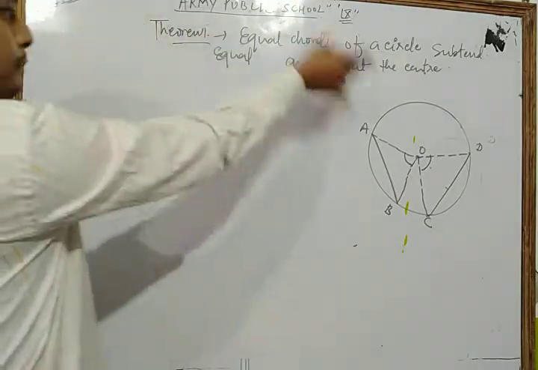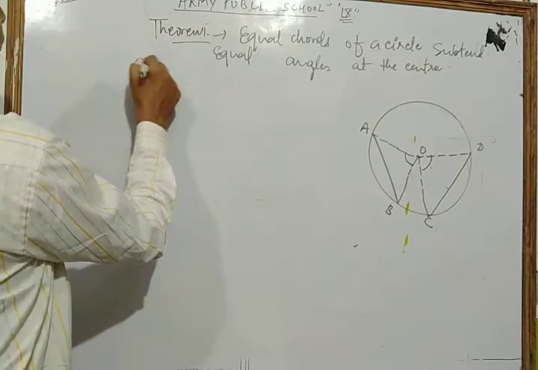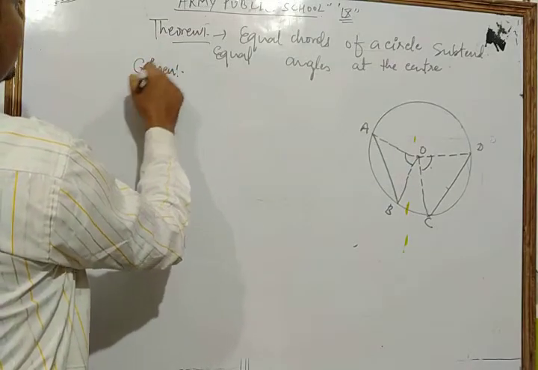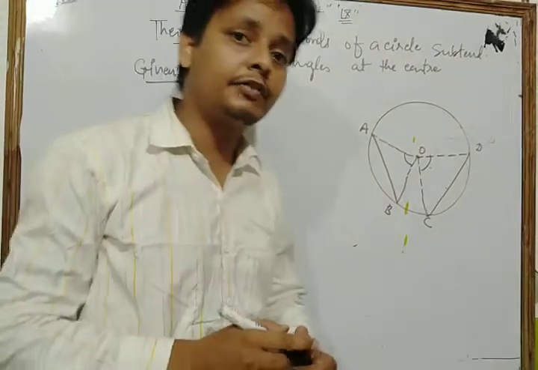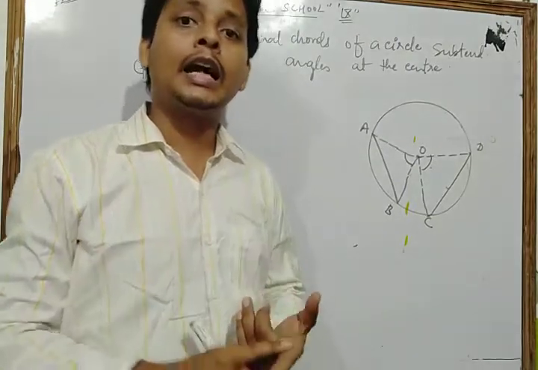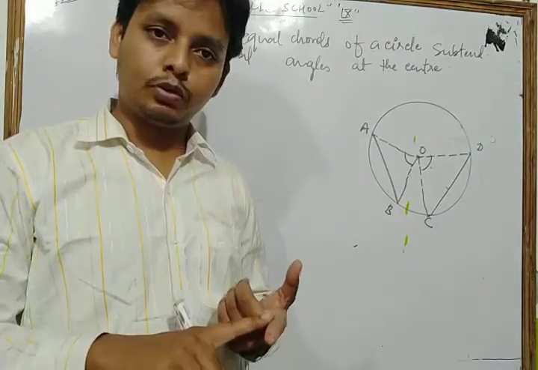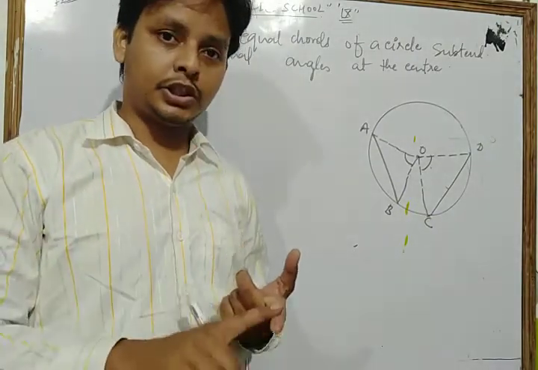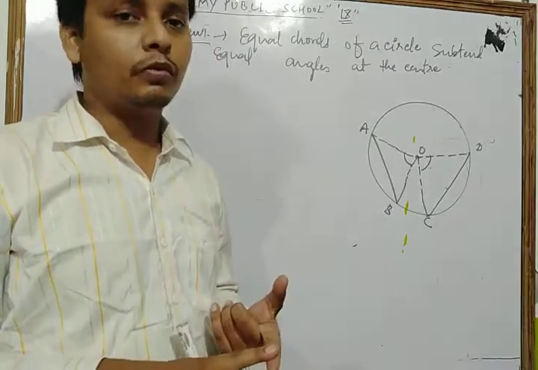In proving that theorem, first of all we write Given, then To prove, then Construction, if any, and then Proof.